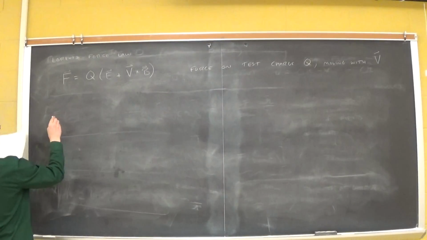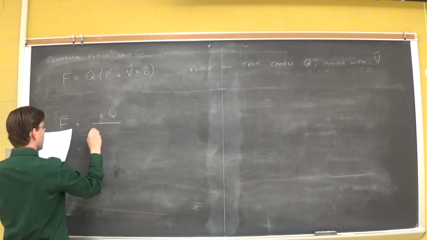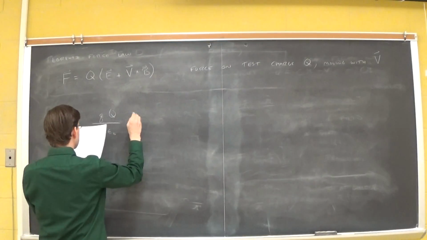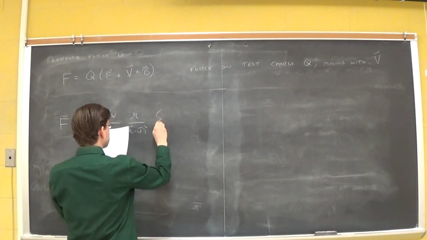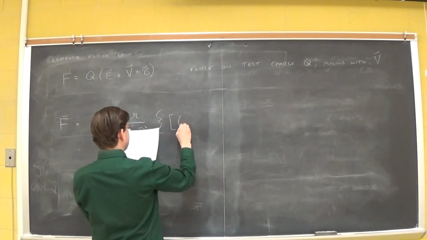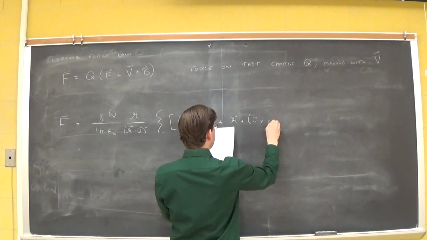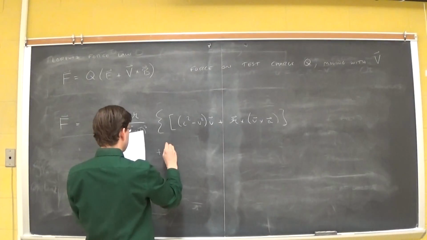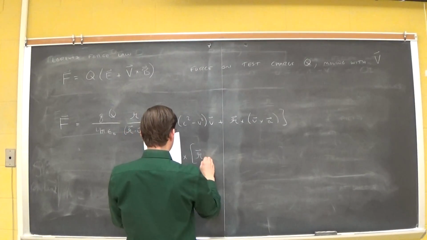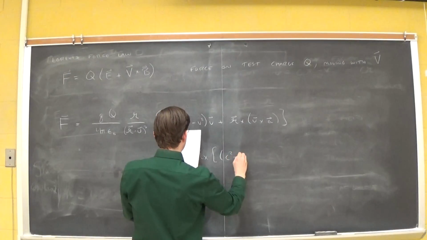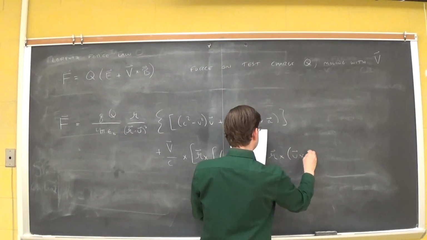And so in total, we can then say that the total force on this test charge is equal to little q times big Q over 4 pi epsilon naught times curly r over curly r vector dot u quantity cubed times, and here it comes, c squared minus v squared times u plus curly r cross u cross a, plus capital V over c crossed with curly r crossed with c squared minus v squared times u plus curly r vector crossed with u cross a.